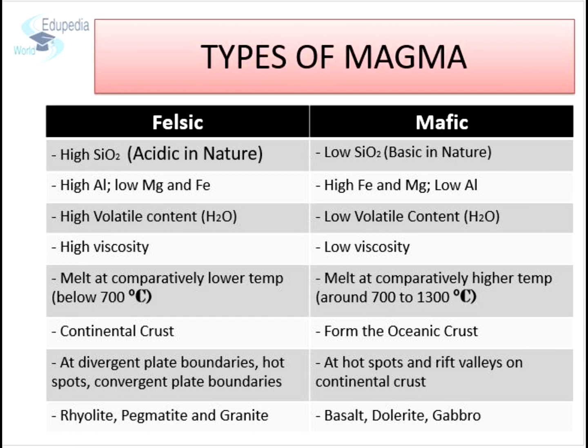The most common rocks formed by the granitic magma are rhyolite, pegmatite, and granite, while the most common rocks formed by mafic magma are basalt, dolerite, and gabbro.